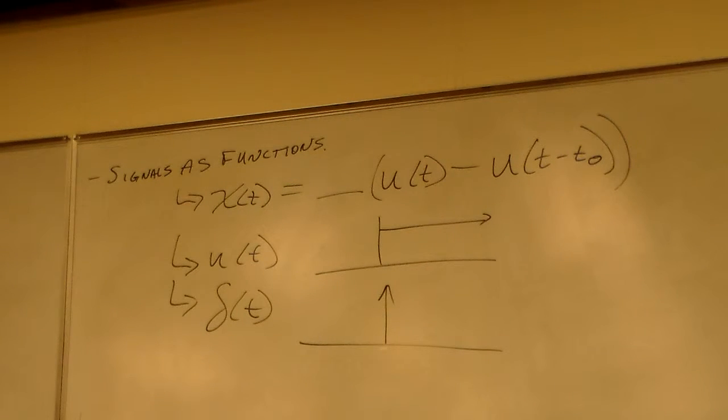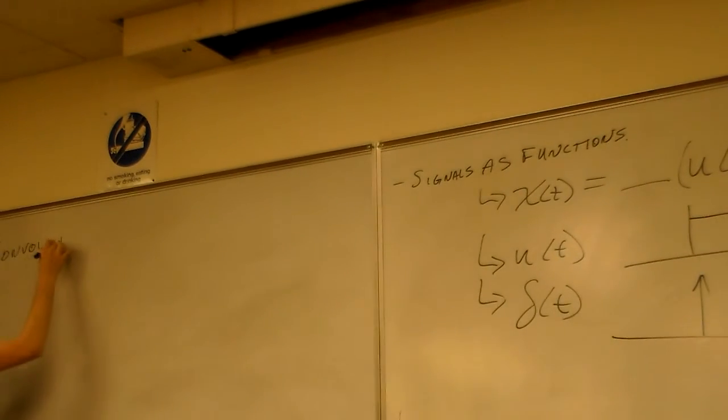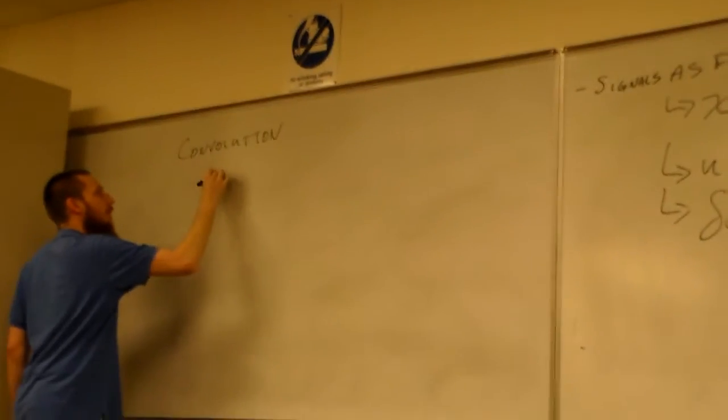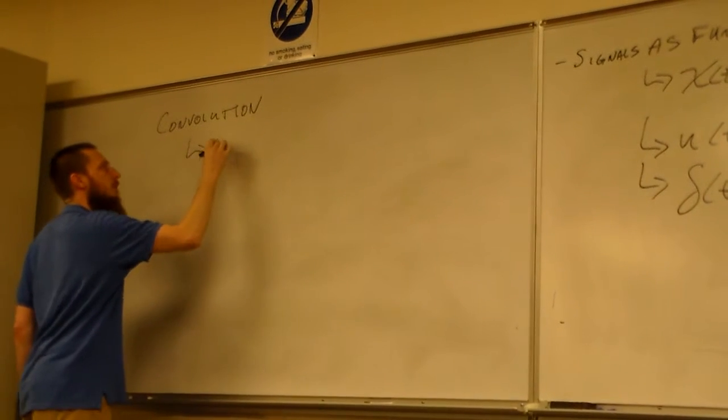What are the steps? Shift. Flip. Shift. Multiply. And accumulate. Accumulate, so let me write those down. Graphical convolution. All right, step number 1 is flip.